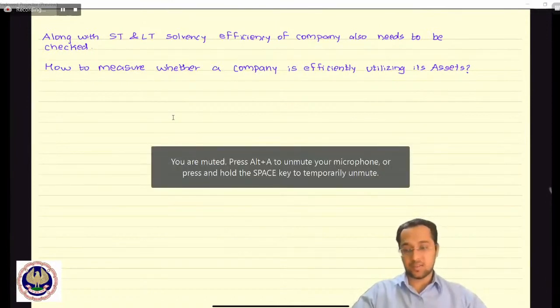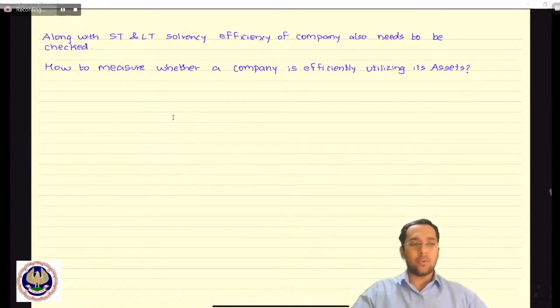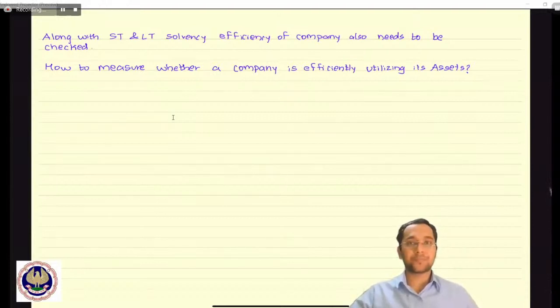In the last class, we have gone through some interesting ratios which help us in analyzing the financial health of a company. We have seen some of the basic ratios such as current ratio, quick ratio, absolute liquid ratio, cash ratio.